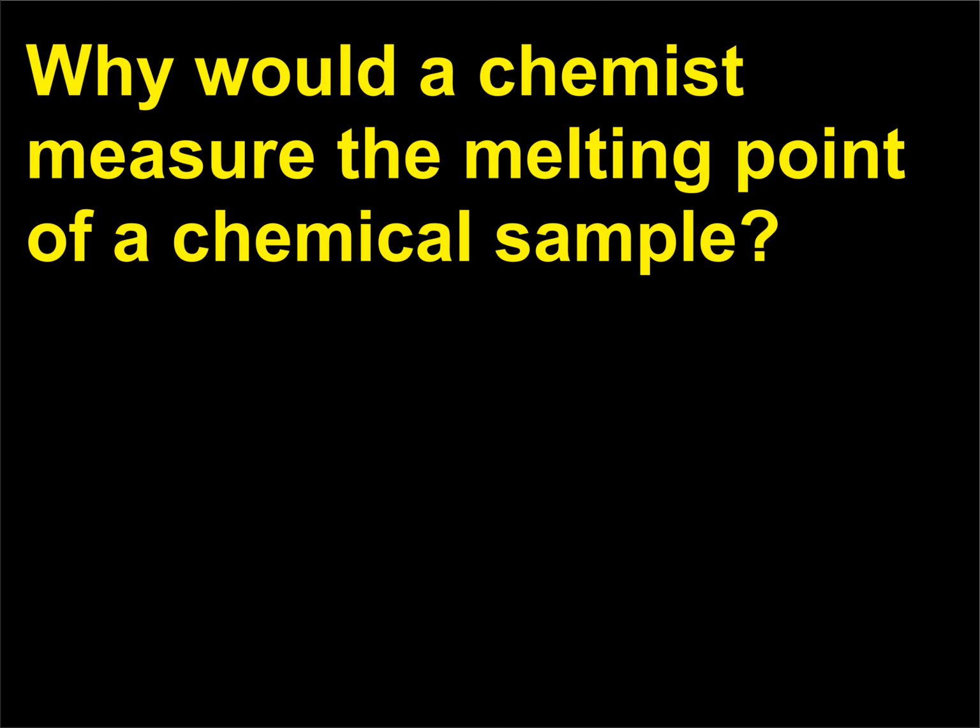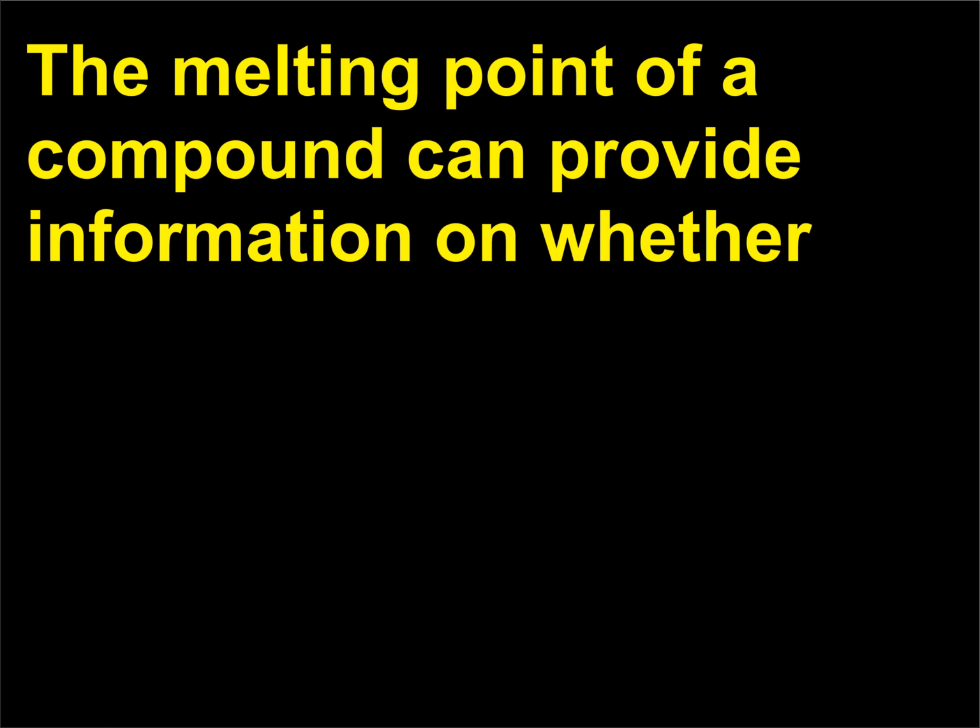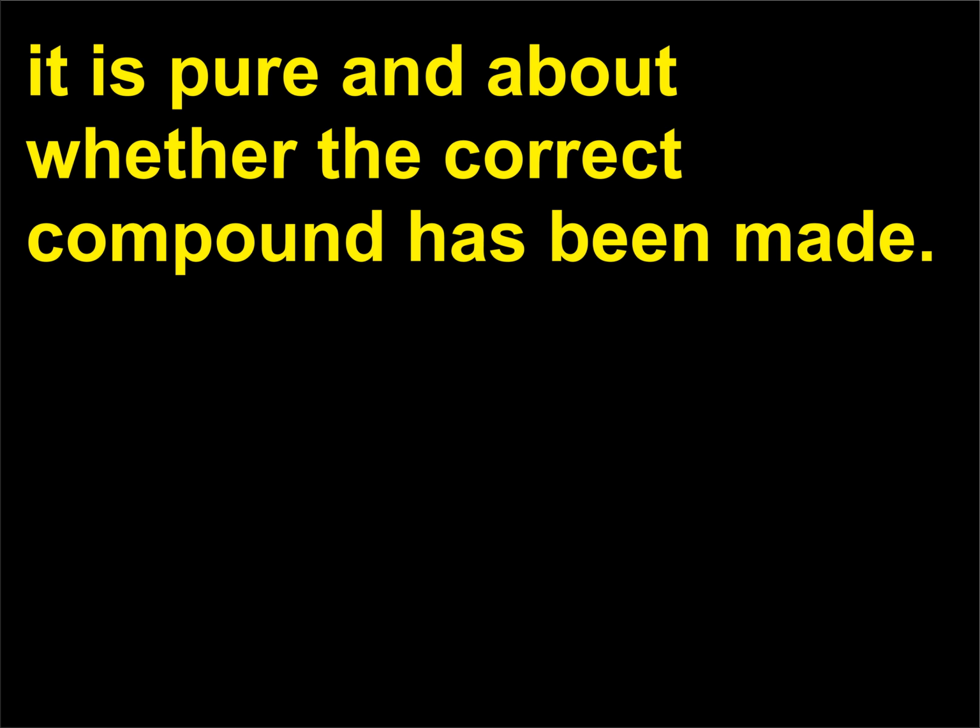Why would a chemist measure the melting point of a chemical sample? The melting point of a compound can provide information on whether it is pure and about whether the correct compound has been made.